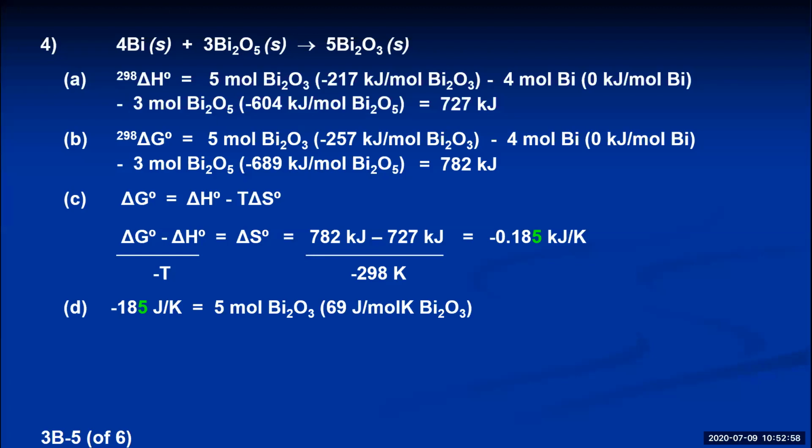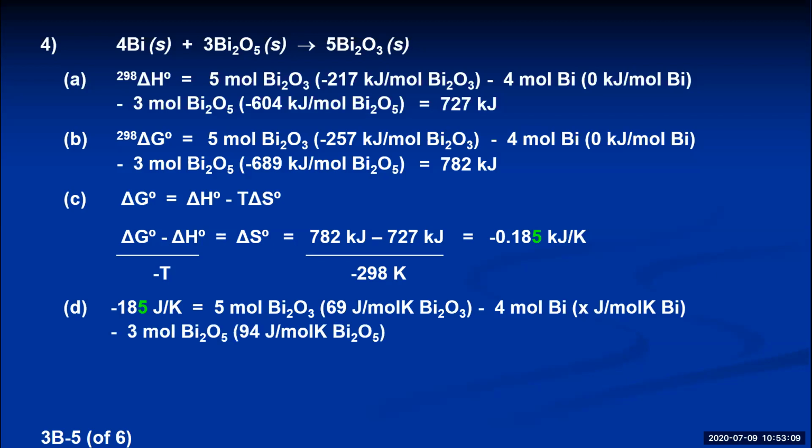This is the one we didn't know, so make it X. Minus 3 moles of Bi2O5 multiplied by its absolute entropy, which was given as 94. And now you have one giant equation. Every number is known except for the absolute entropy of bismuth. And if you can do a little algebra, you should be able to solve for that. And I get X equal to 62 joules per mole Kelvin. That would be the absolute entropy of the bismuth.